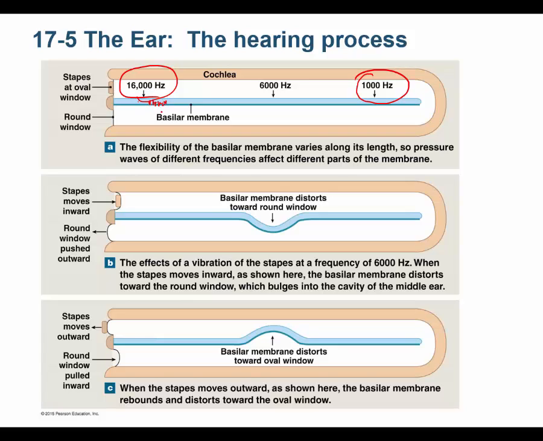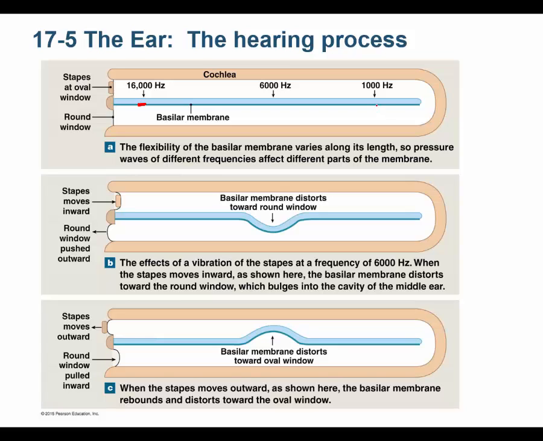All right. So I hear the higher frequencies at the beginning, and I actually shouldn't say it like that. I shouldn't say scala vestibuli. I have shorter hair cells in the basilar membrane in the beginning of my cochlea.